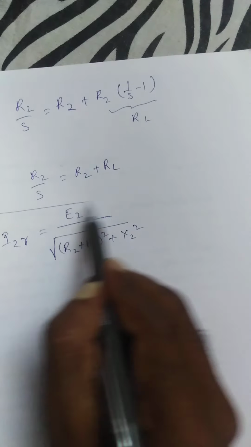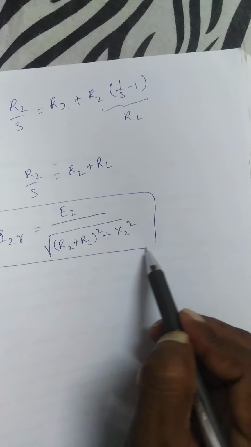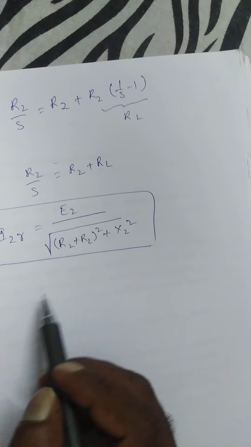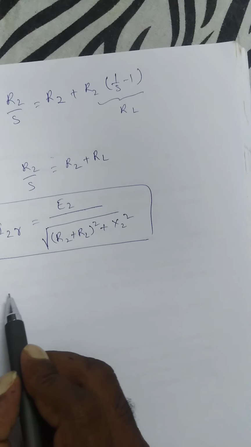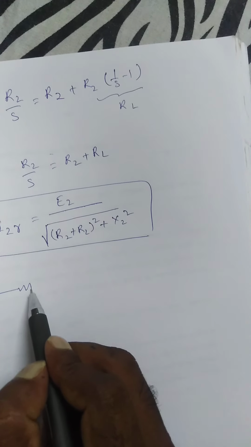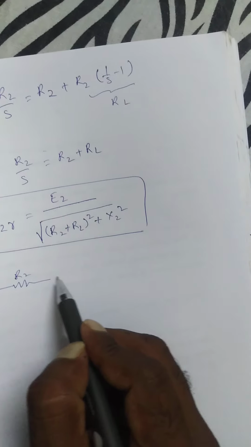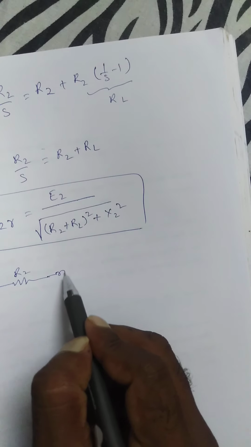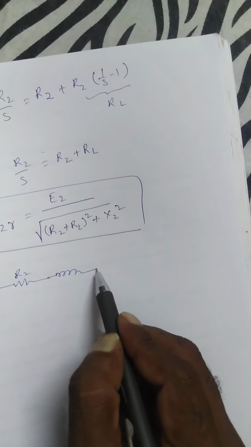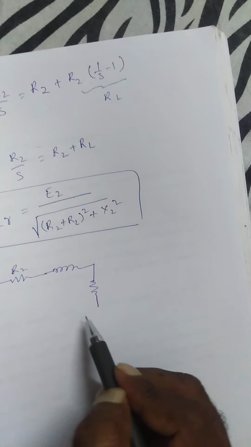For this equation, draw the equivalent circuit. This is the equivalent circuit, with R2 and X2, and the RL term is here.